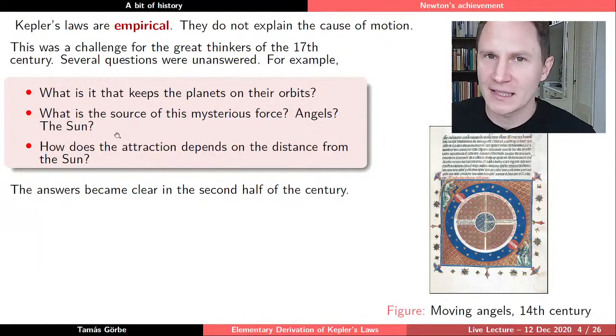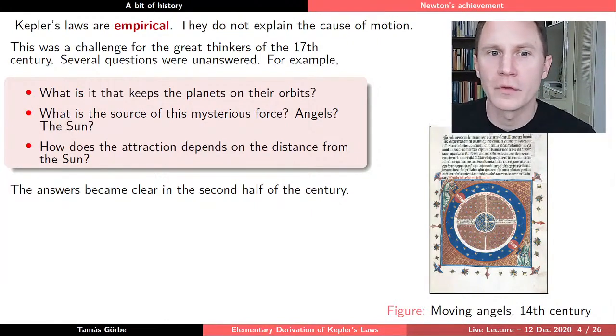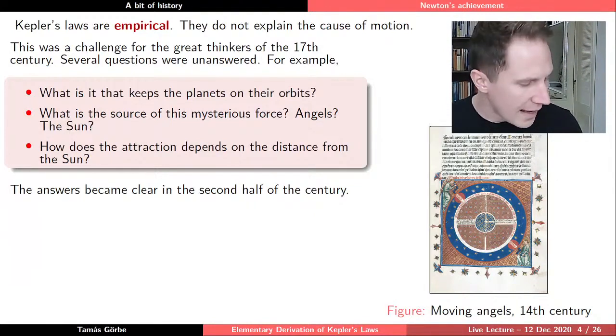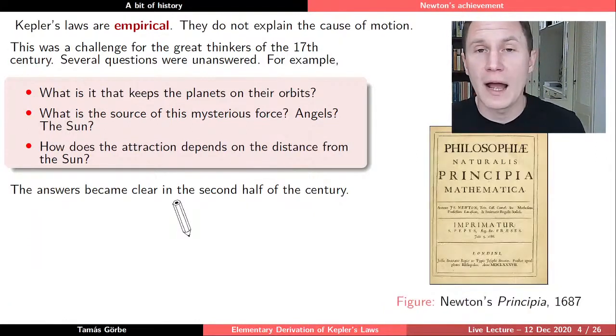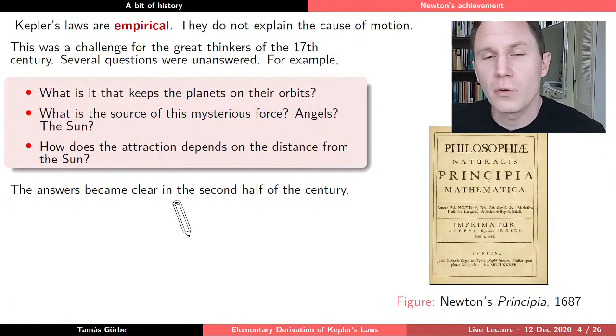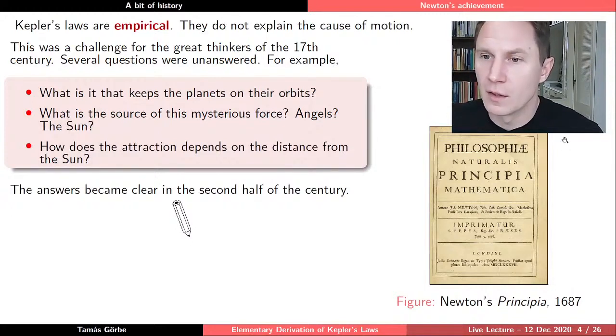So they suspected that it has to do with the sun, but the correct form of this attraction by the sun wasn't clear until the second half of the 17th century. And the way people like Newton derived this correct form of the gravitational force was actually using Kepler's laws. So here is Newton's great work, one of the greatest scientific publications of all time.